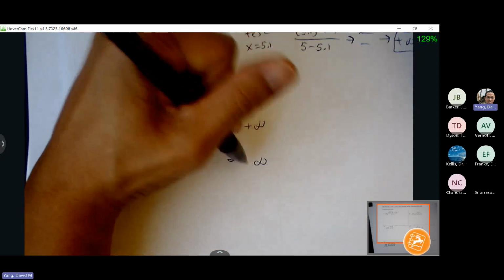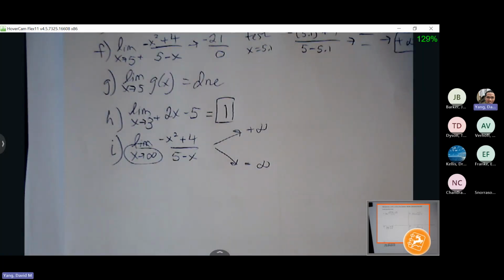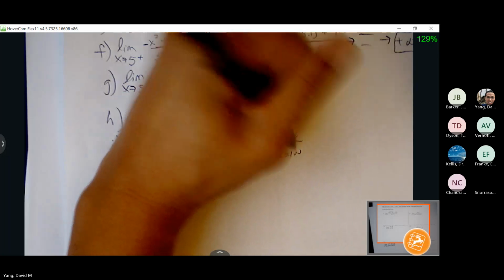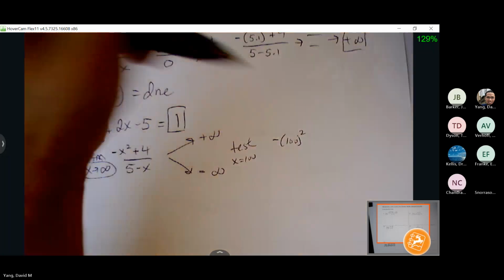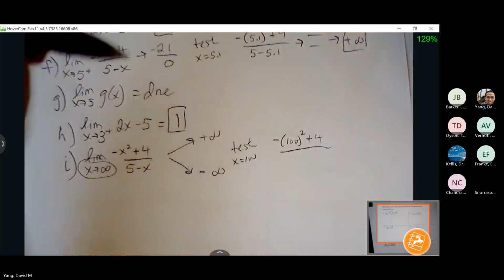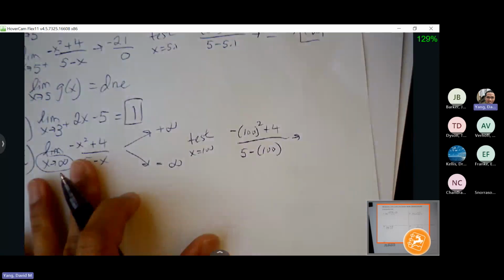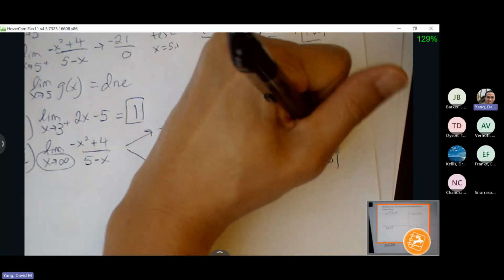To decide between these two, we can test a number in the direction that we're headed. We're moving right, towards positive infinity, so we'll choose a large number on the positive side. We'll test 100. Numerator is negative. Denominator is also negative. So positive infinity.